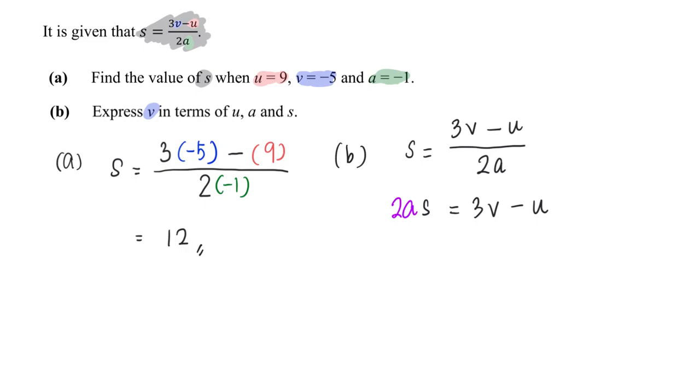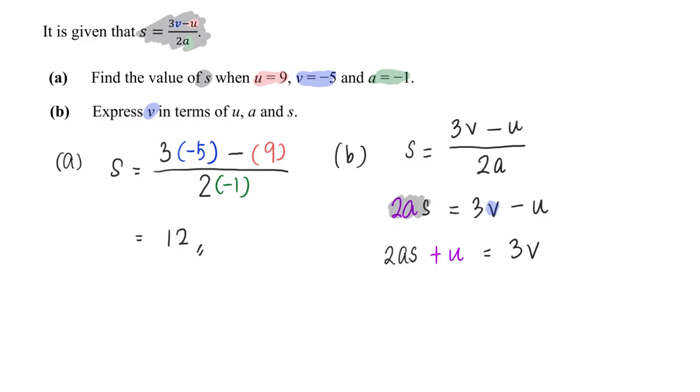And then, because they would want v to be on one side, v equals to something. So the next step, you see me writing this down. I still have my 2as. And the next line, I would add u on both sides, such that I'm left with 3v.